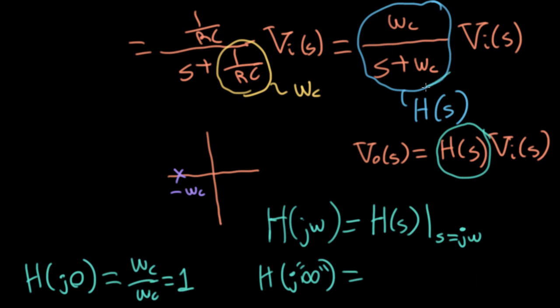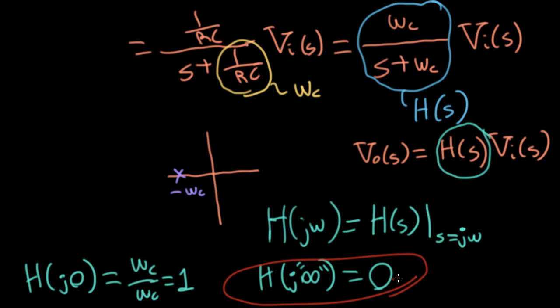Basically, it's pretty easy to see that in this expression, if you plug in j omega for s and let omega go to infinity, the numerator is a constant, the denominator is going to infinity, and so this whole thing is eventually going to go to 0 in the limit. So it makes sense to call this a low-pass filter. Low frequencies pass perfectly. On the other hand, super-duper high frequencies get eliminated.